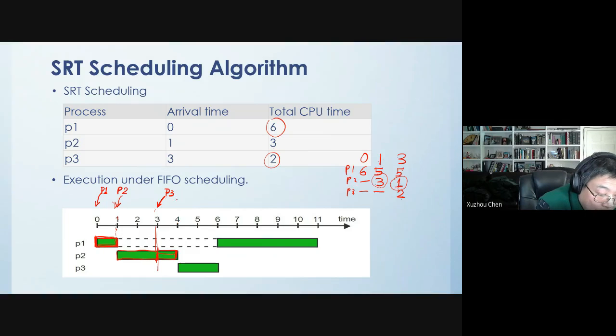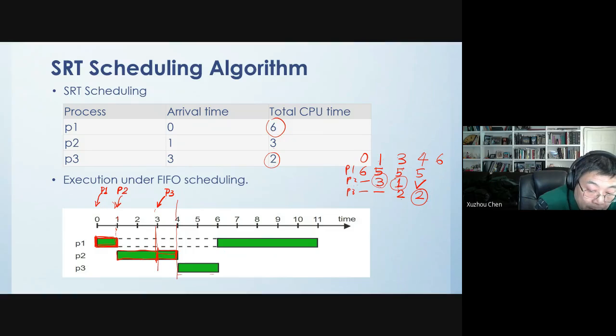Then process 2 completes the job at time 4, so process 2 is done. And then process 1 has 5 time units, process 3 has 2 time units. And then you pick process 3, run until time 6.